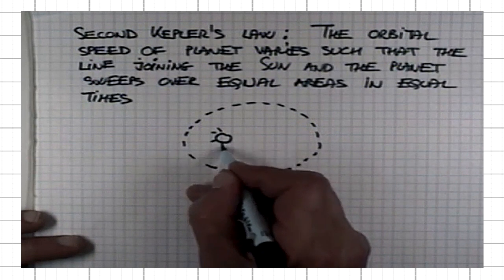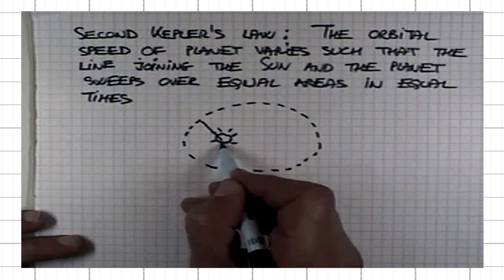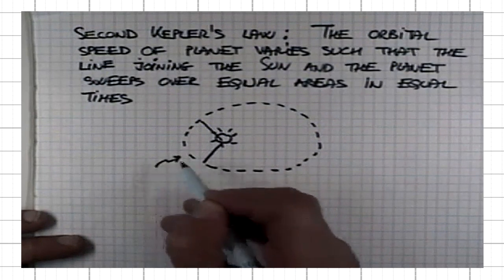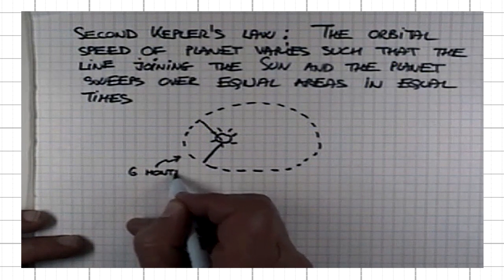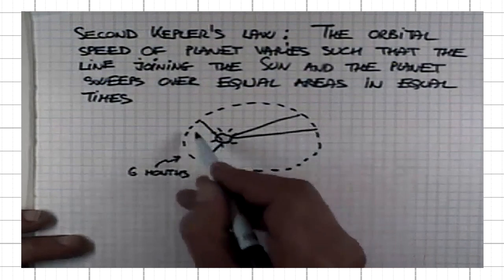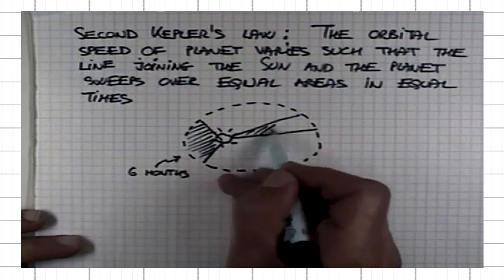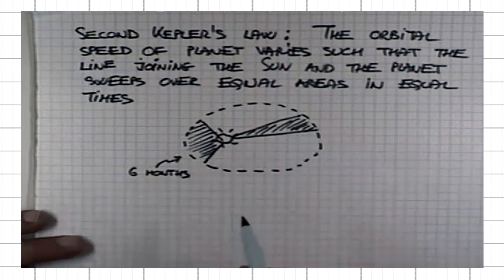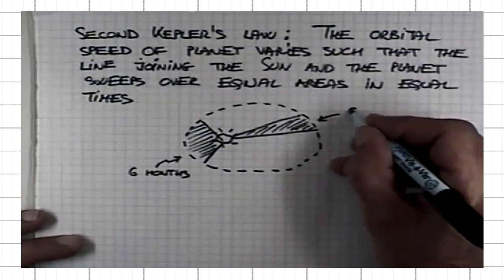So basically, what it's saying is that over equal intervals of time, this line that joins the planet and the sun will sweep over equal areas. These two areas, and this is also area swept in 6 months.